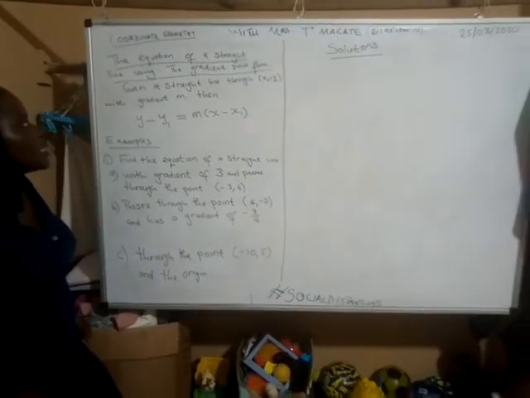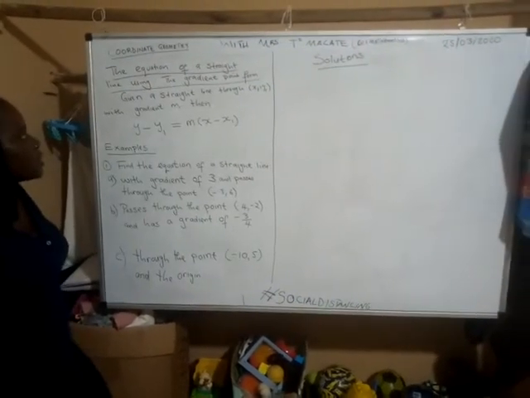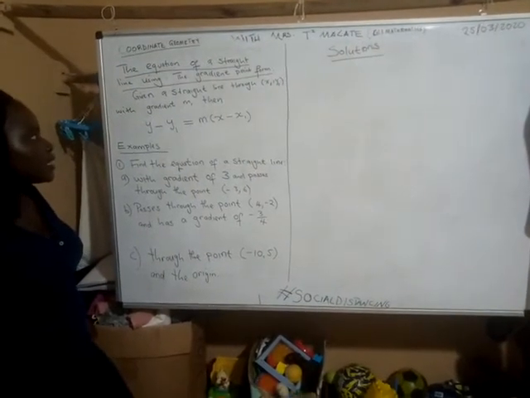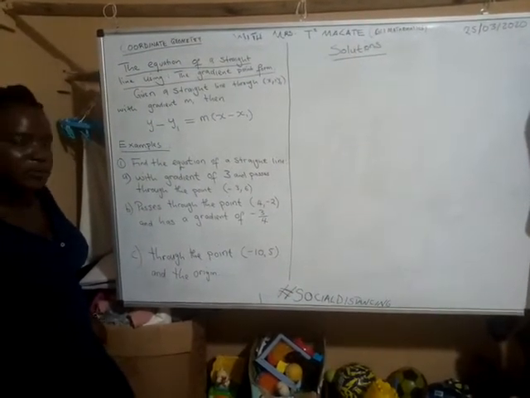Our topic today is still under coordinate geometry, and we're looking at getting the equation of a straight line using the gradient point form.